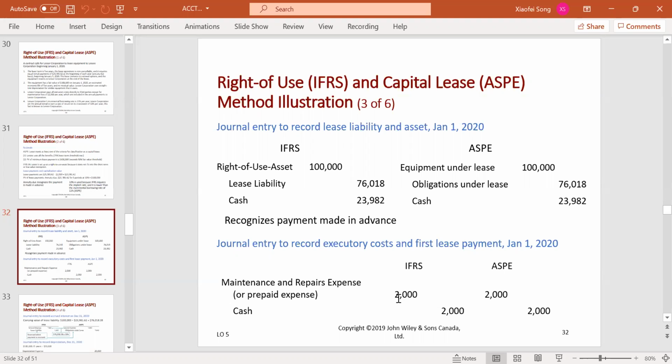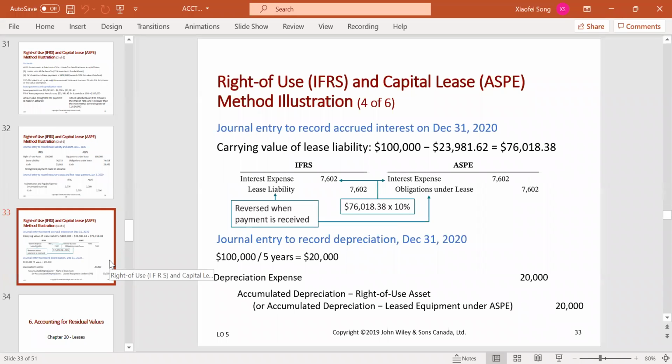Since we were told specifically that it's maintenance, it is maintenance and repair expense. If this is paid at the beginning of the year, we can first debit prepaid expense and subsequently adjust that. We can also debit directly.